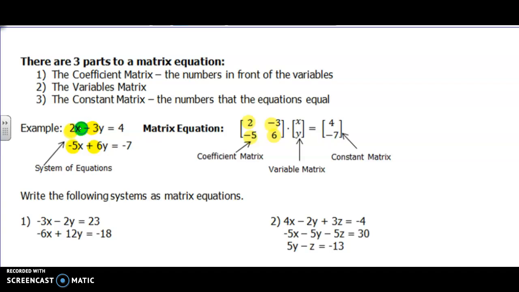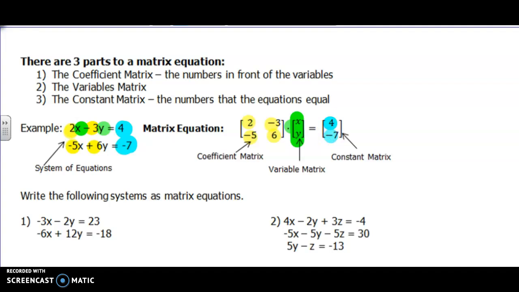Then, because you have the variables x and y, you do have to represent them. So we put them vertically in what we call the variable matrix. You have to write it down. It might seem silly, but you put a multiplication sign and separate the coefficients from the variables, and that sets up that side of the problem. Then you do need a matrix just for the answers to the problem. So 4 is the answer, or what it equals, for the first equation, and -7 is what the second equation equals.